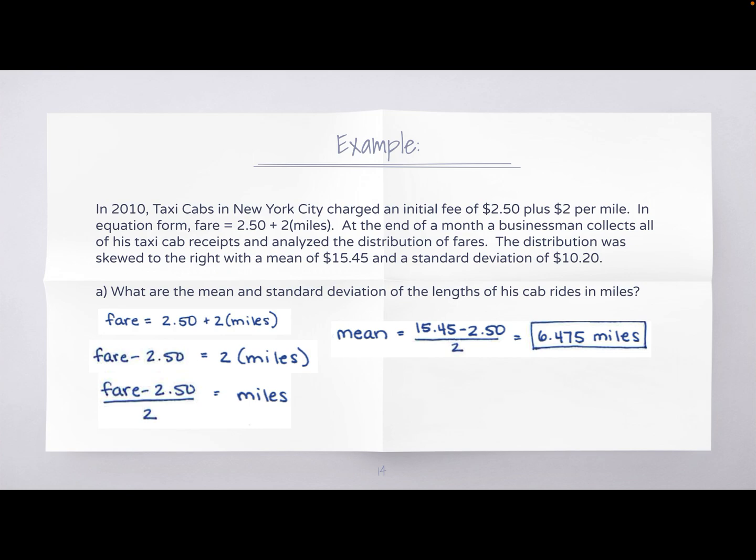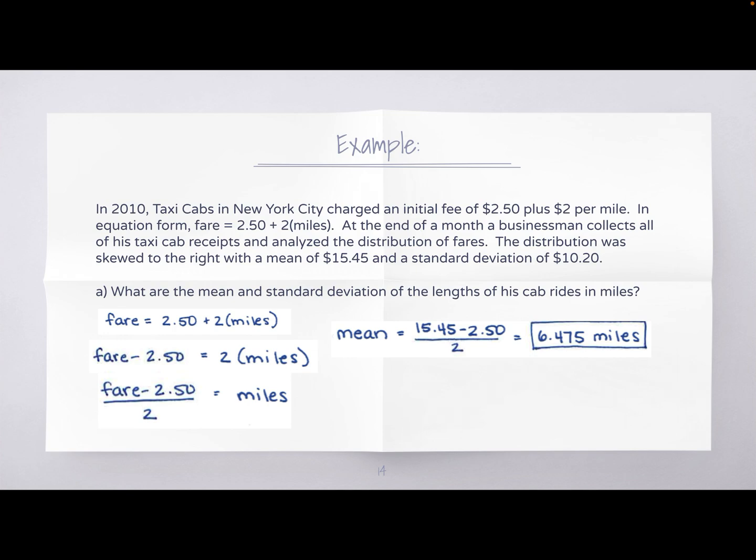So let's change the mean into miles, because right now the mean is in dollars. So 15.45 minus 2.50, over 2, is 6.475 miles. So the mean of those taxi cab receipts that he collected is 6.47 miles.